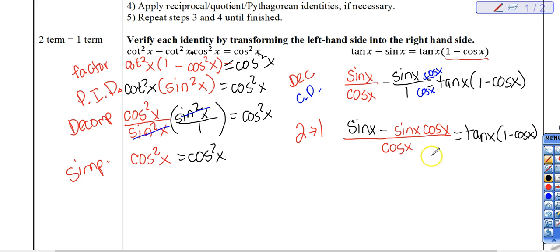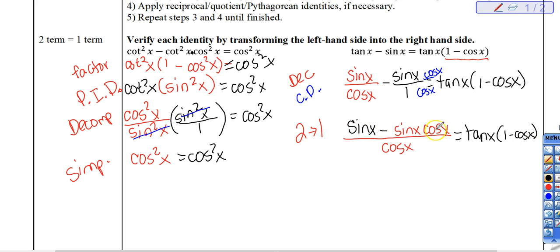And I'm kind of stuck here thinking, wait. So that's a simplification process, two terms to one term. That's just adding fractions, subtracting fractions. But remember that I have a factoring happening over here, right? And so I'm looking at my numerator thinking, can I simplify this? Can I factor out something that would create 1 minus cosine x?